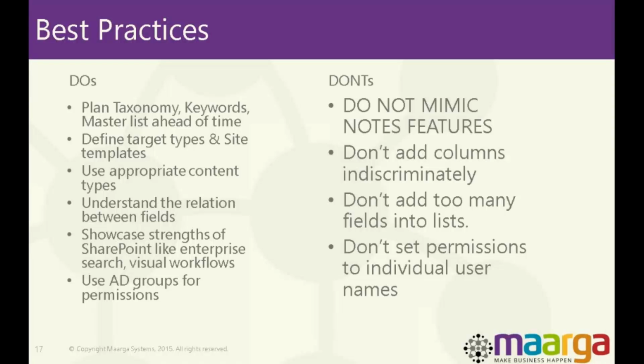Some of it transfers over to SharePoint. If you add columns indiscriminately, there are problems. So it helps to look at what really needs to transfer over and then bring in, for example, filters that help even with the same set of views, but bring in rich functionality on top of it.